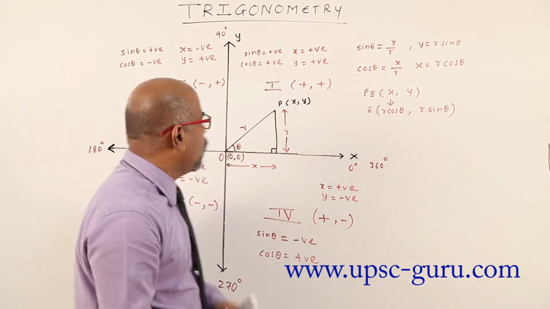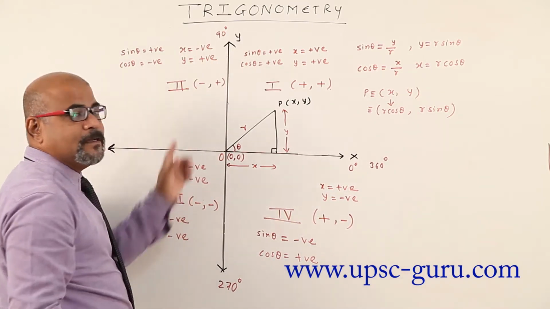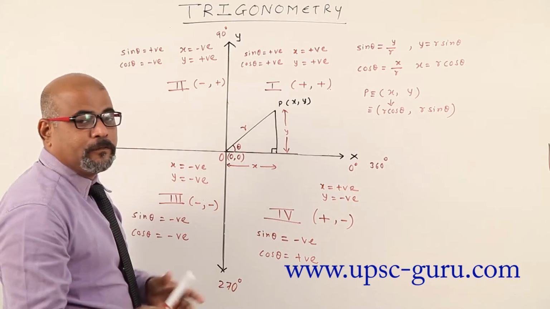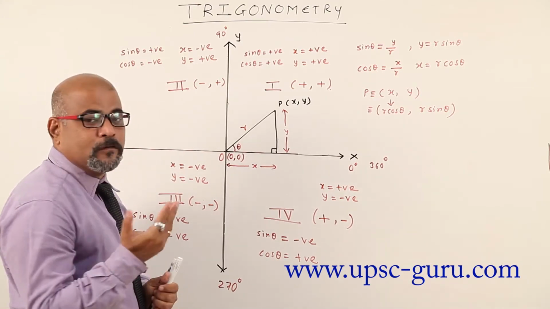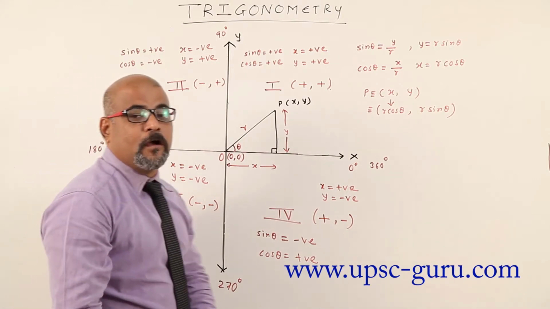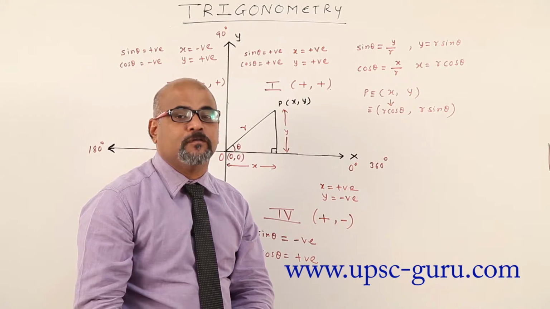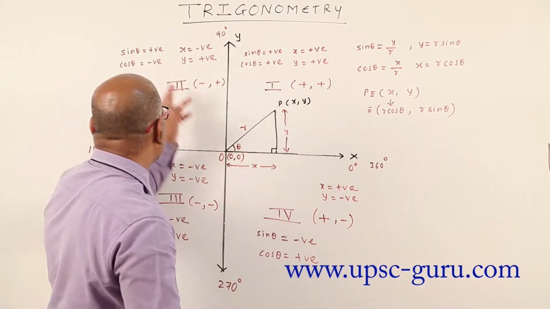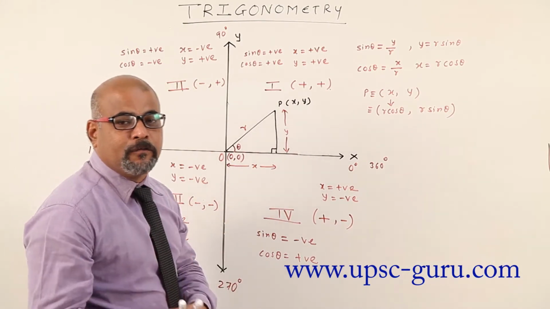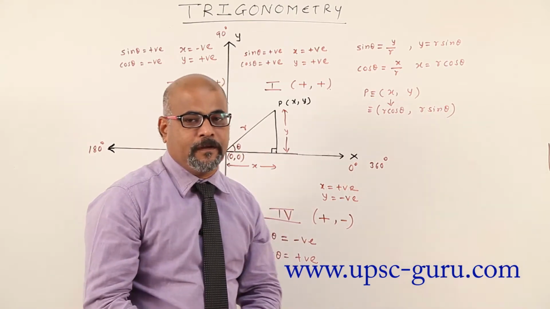In the second quadrant, that is between 90 degree to 180 degree, sin is positive, cos is negative. Sin positive, obviously cosec, the reciprocal of sin, is positive, cos negative means sec is negative. Sin upon cos equals tan theta, therefore tan is negative. Since tan is negative, the reciprocal of tan, that is cot, is always negative.